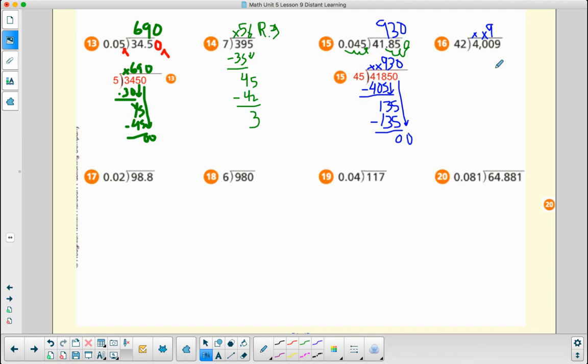Subtract one of those 42s would be, subtract the 20 would be 400. Subtract another 20 would be 380. Subtract 2 would be 378.